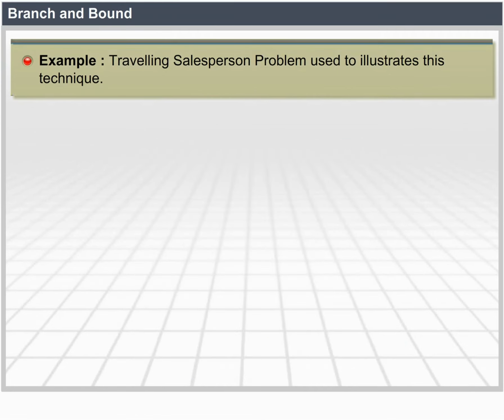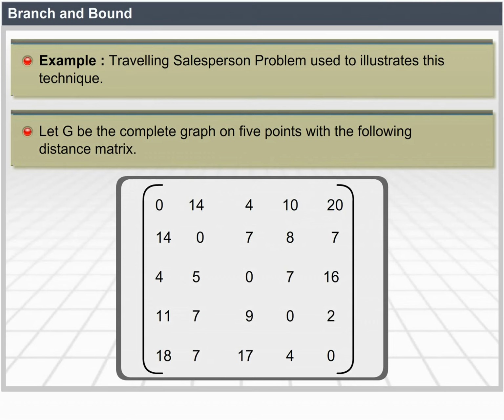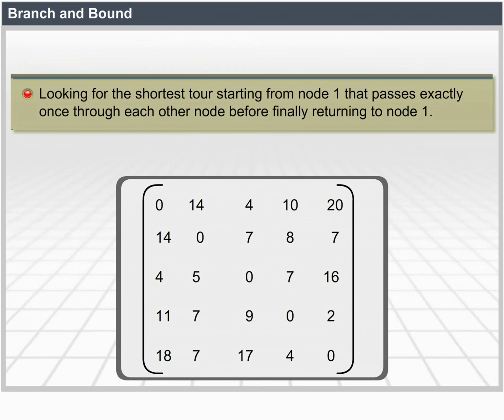Example: the traveling salesperson problem is used to illustrate this technique. Let G be the complete graph on 5 points with the following distance matrix. We are looking for the shortest tour, starting from node 1, that passes exactly once through each other node before finally returning to node 1.